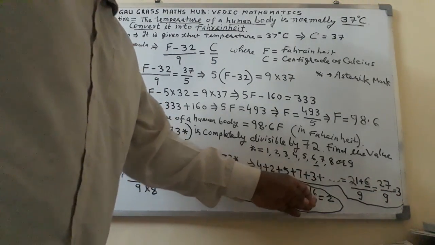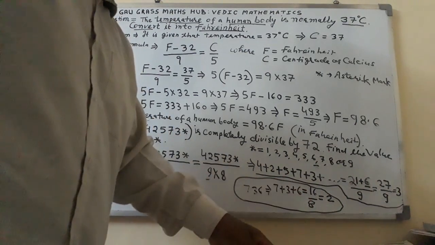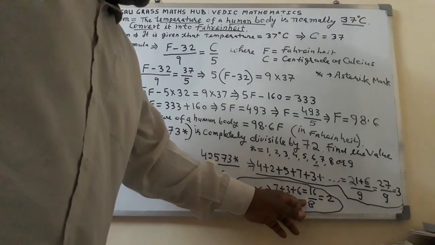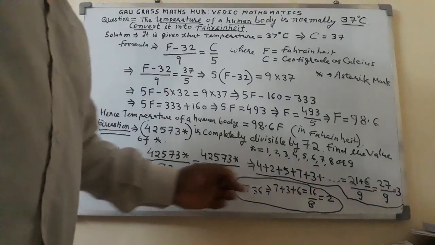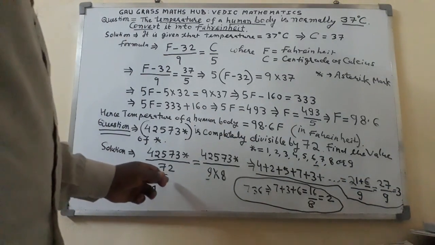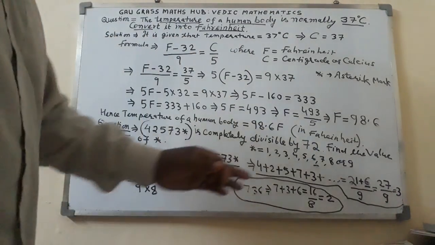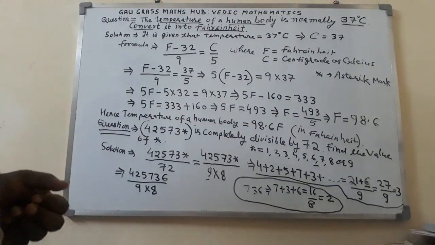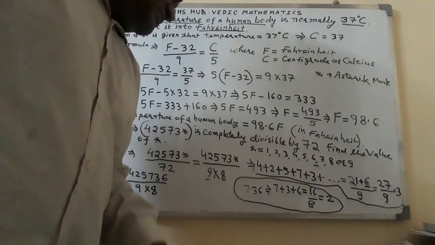We will get 16, and 16 is completely divided by 8. This means that the divisibility rule of 8 has been verified here. And for the divisibility rule of 9, all digits will be added together. We will get 27, and 27 is completely divided by 9. That's why the divisibility rule of 9 is also verified.